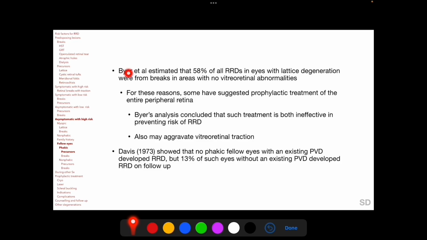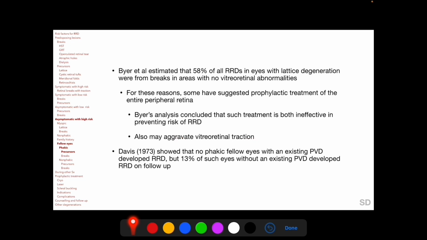Similarly, Bayer et al. estimated that 58% of all RRDs in eyes with lattice degeneration were from breaks occurring in areas without lattice degeneration or other vitreoretinal abnormalities. For these reasons, some suggest prophylactic treatment of the entire peripheral retina in these eyes, but Bayer's further analysis concluded that such a treatment is both ineffective in preventing the risk of RRD and may also aggravate vitreoretinal traction.